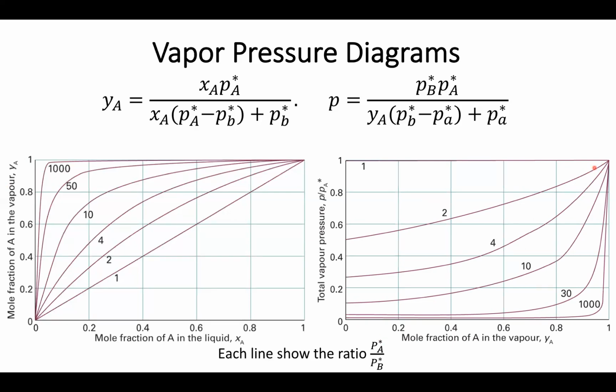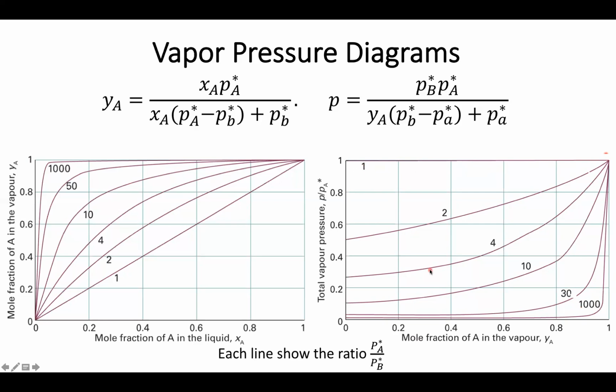And this is largely due to the fact that since A is so much more volatile, as I decrease its composition, it has this uneven effect as it becomes more volatile. However, if they're equally volatile, what we find is that as I decrease A, B is just as volatile as A, so they don't actually change the total vapor pressure.